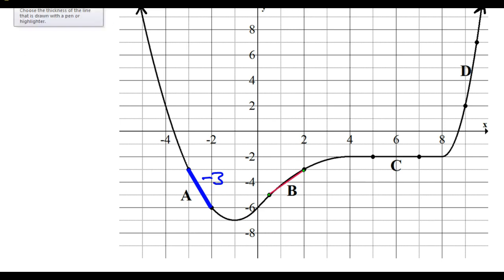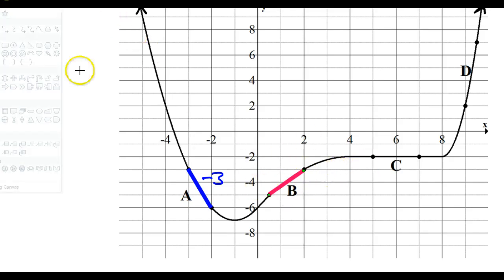Okay, let's look at B here. So this seems to be, well, it's kind of in between the lines, but look, maybe we don't need to actually calculate the numbers. All right, let's just look at them and see which one is steeper.